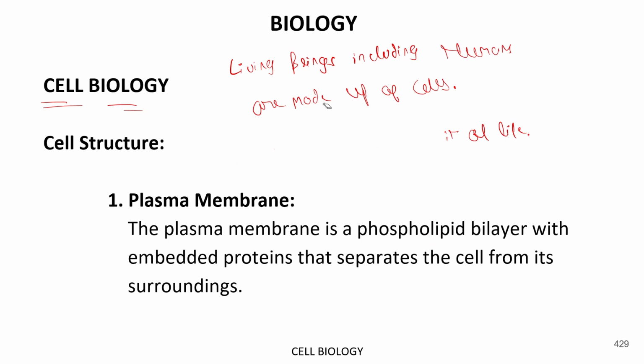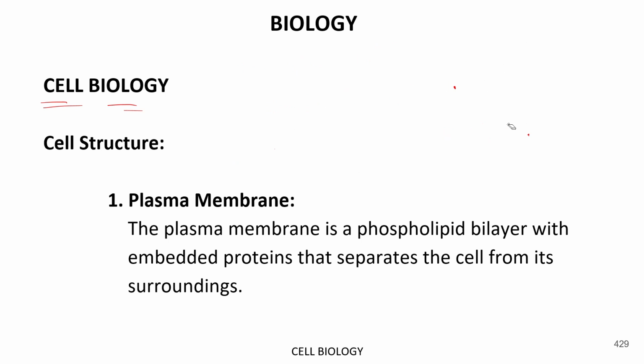Now let's move forward. The first thing we need to discuss is how you can differentiate between living or non-living. There are 4 parameters which we use to identify whether a thing is living or non-living.